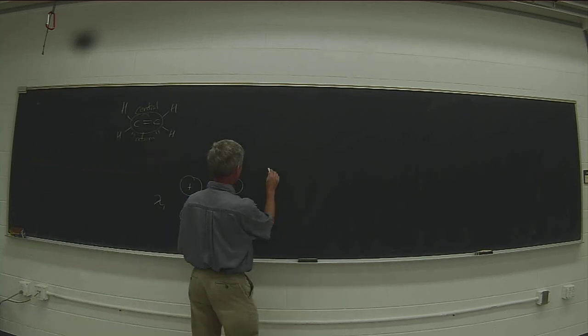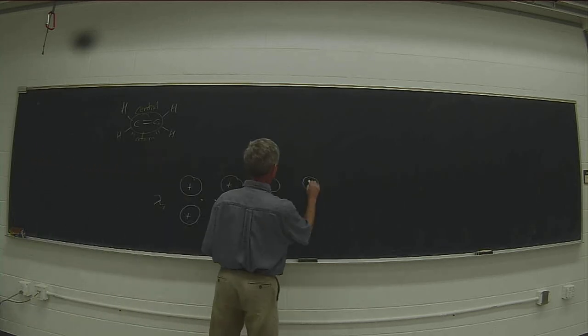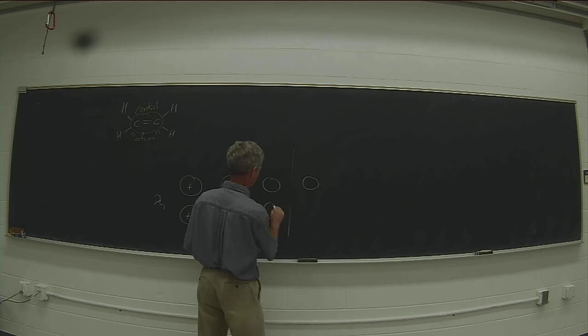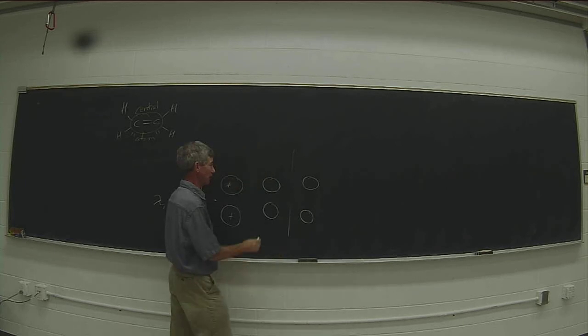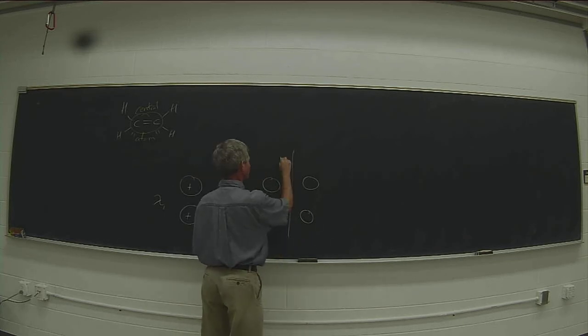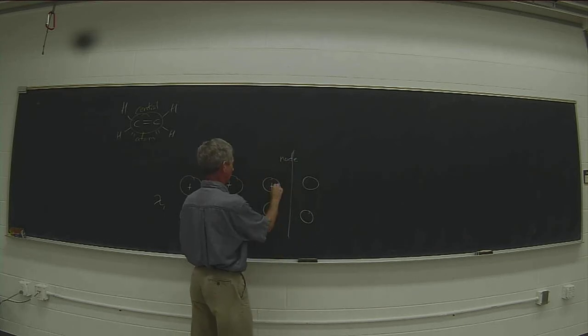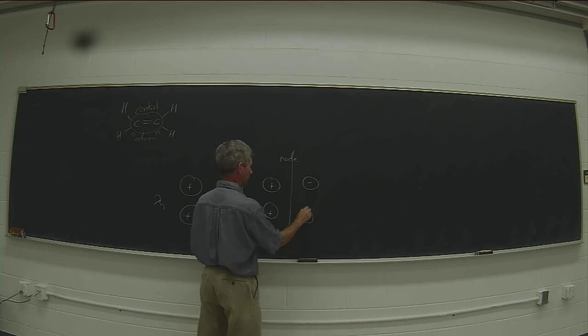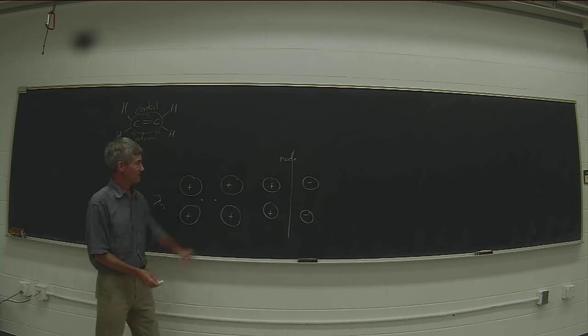And then we can have an orbital that has a single node on the vertical plane, which would have the 2 hydrogens on the left out of phase with the 2 hydrogens on the right, but in phase with each other.